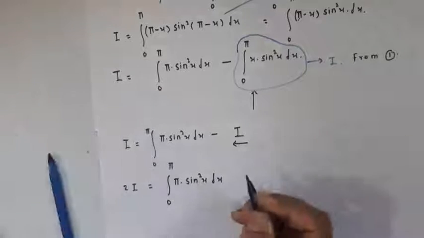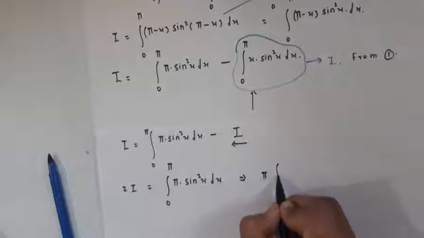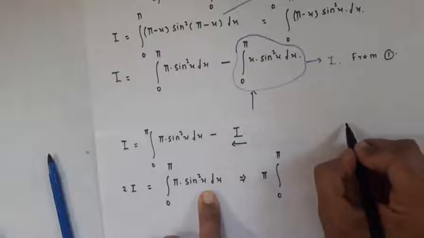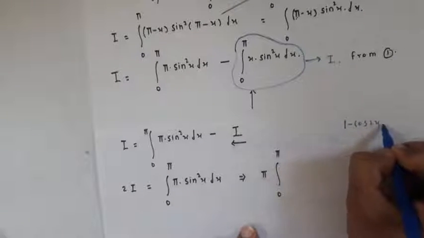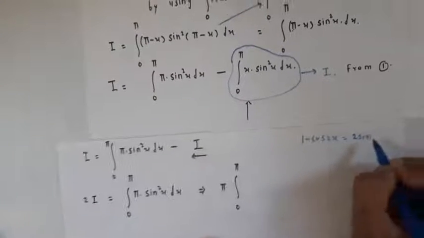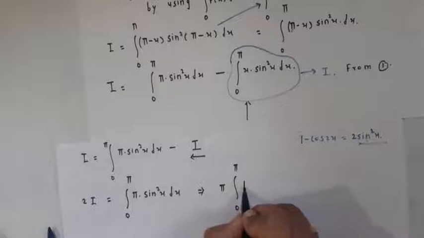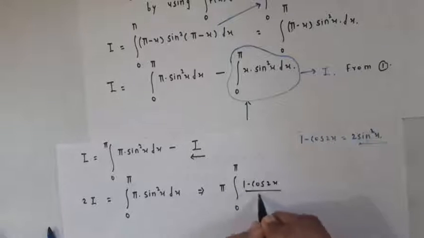Now solve this integration. Take this pi outside as a constant. We know that 1 minus cos of 2x equals 2 sine square of x, and therefore sine square of x equals (1 minus cos of 2x) upon 2.